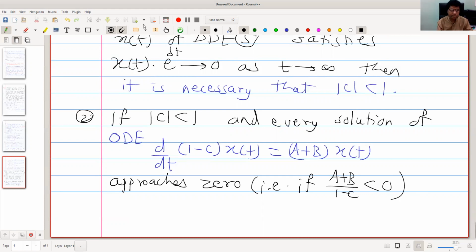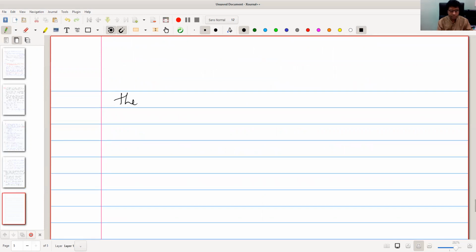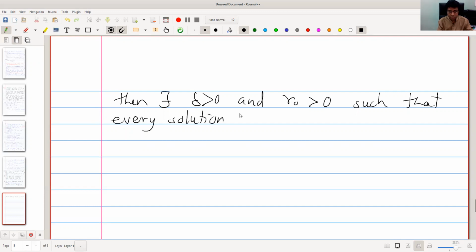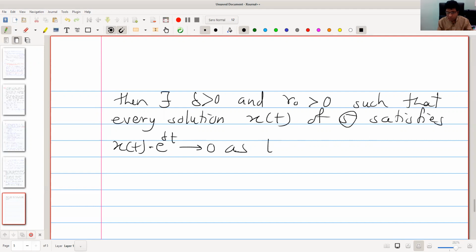then there exist delta positive and r naught positive such that every solution x of t of phi satisfies x of t into e raised to delta t tends to 0 as t tends to infinity.